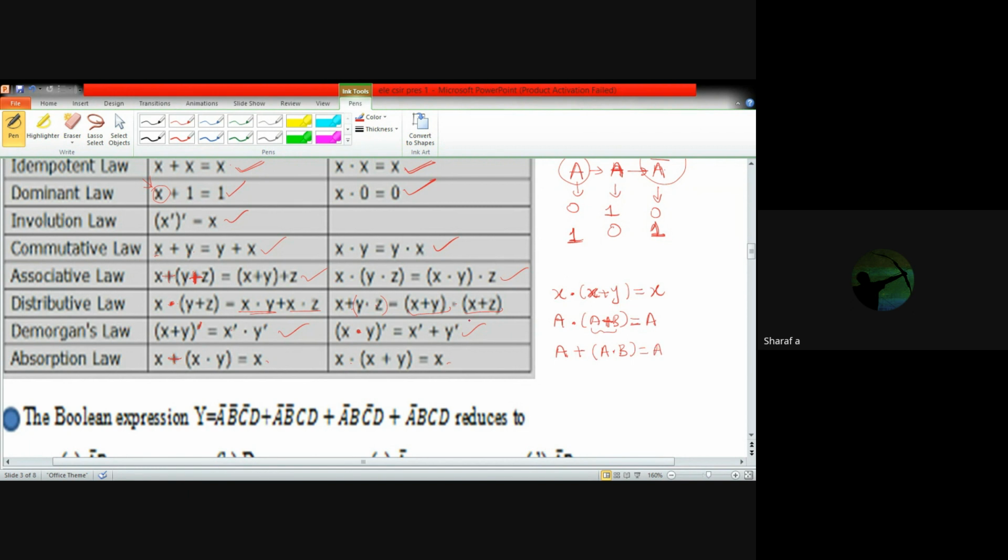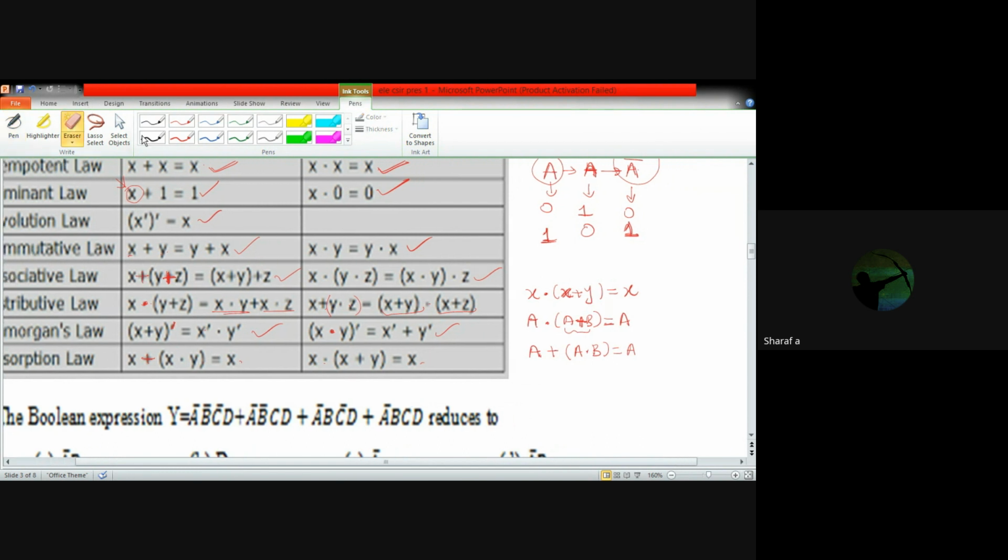And one more thing I have to mention here. Similar to this absorption theorem, we have one more absorption theorem: A plus A bar dot B, or A dot (A bar plus B).